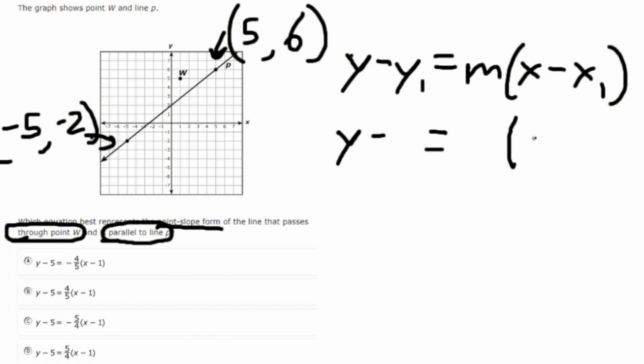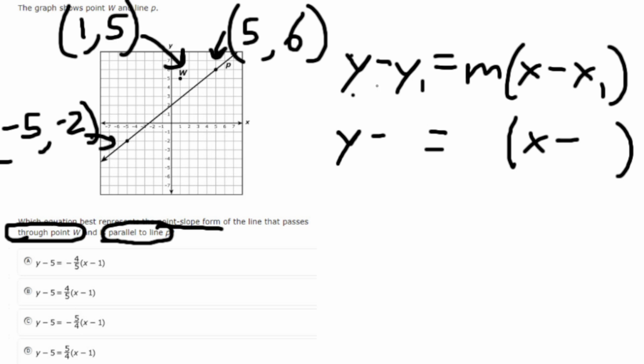I want this to look a little prettier. x minus, and parentheses. I'm going to replace this y1 with the y1 from the W. I'm not replacing it from the P line. I'm simply going to say my W is 1, 5. So that's the point for my W. My point is 1, 5.